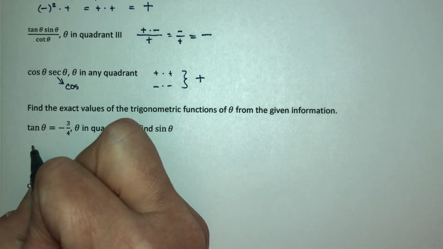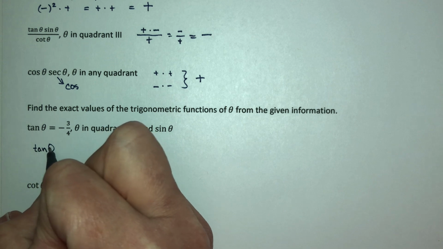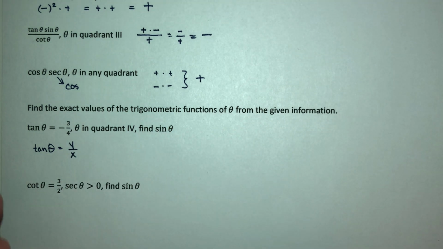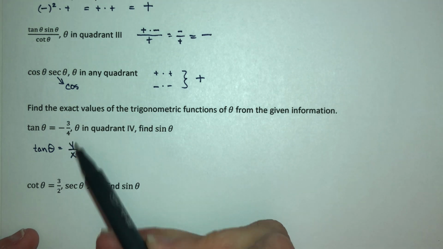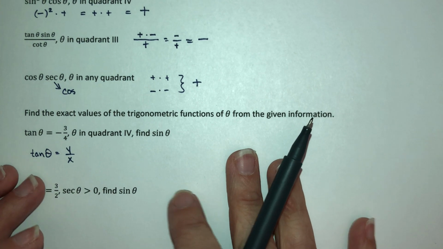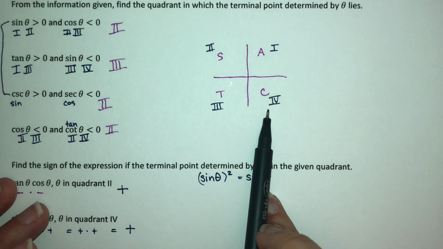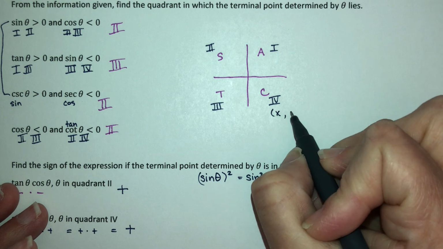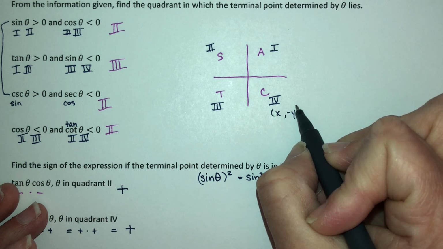We know that tangent of theta is equal to y over x, no matter what our radius is. Now we can figure out whether our y value or our x value is supposed to be negative. One of them is. And if we are in quadrant 4, then cosine is positive, which means our x values are positive and our y values are negative.